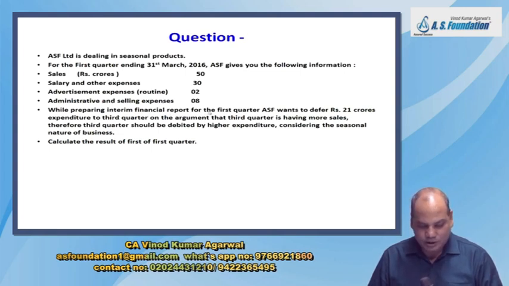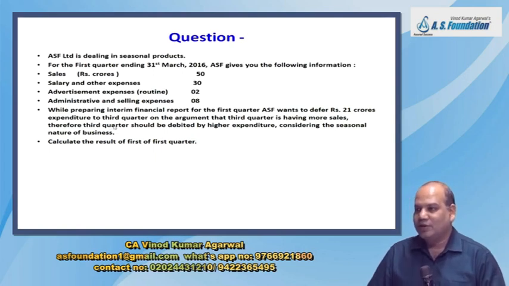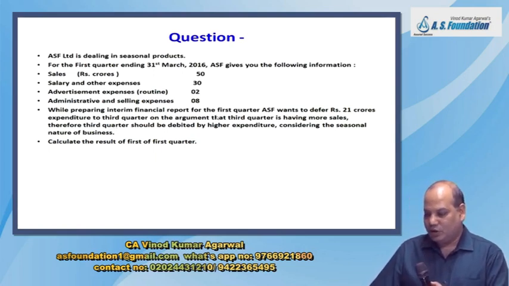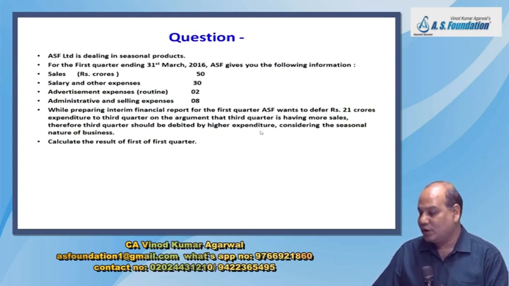While preparing the interim financial report for the first quarter, ASF wants to defer rupees 21 crore expenditure to the third quarter on the argument that the third quarter is having more sales and therefore the third quarter should be debited with higher expenditure. What an idea! Considering the seasonal nature of business, calculate the result of the first quarter.